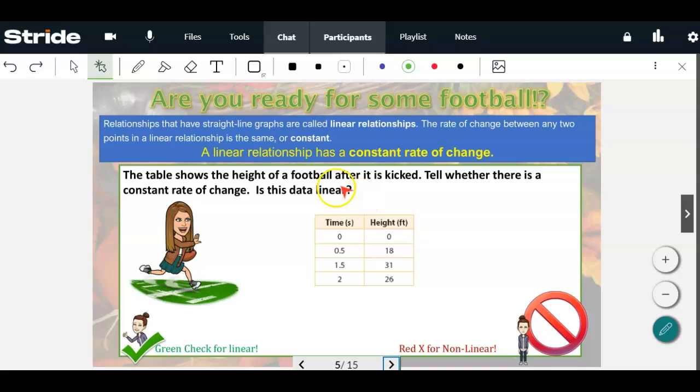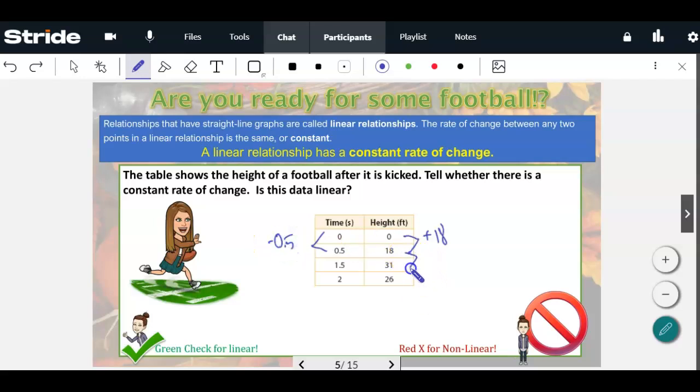Is this data linear? For constant rate of change, we are going to look at our table and see how it's changing. From 0 to 18 is plus 18, and this goes down 0.5.